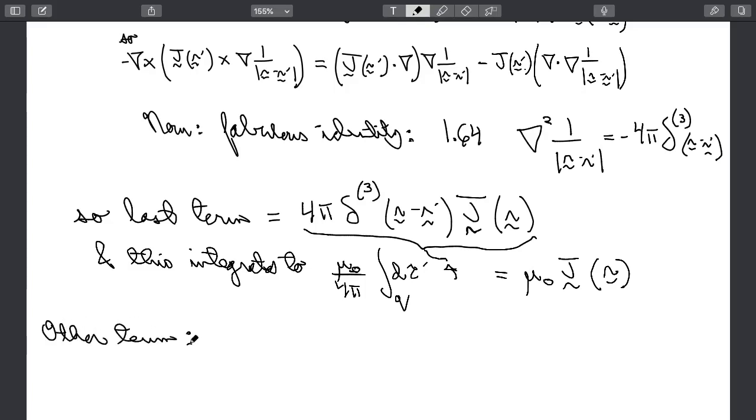And here we have a tiny bit more work to do, but it's still not too bad. So what's this other term? I just have the current at r prime, dotted into the gradient like this times the gradient of 1 over r minus r prime. Okay, so this whole operator here applied on this thing here.